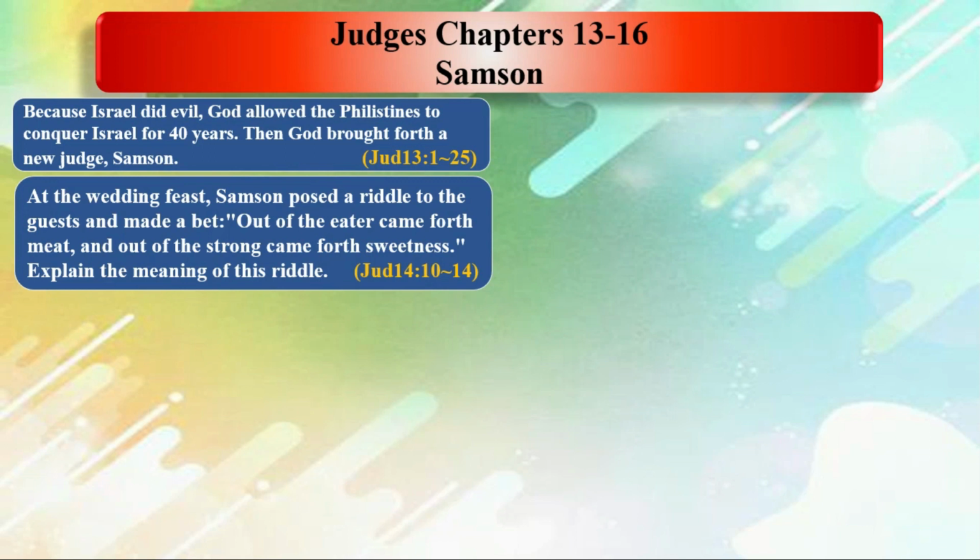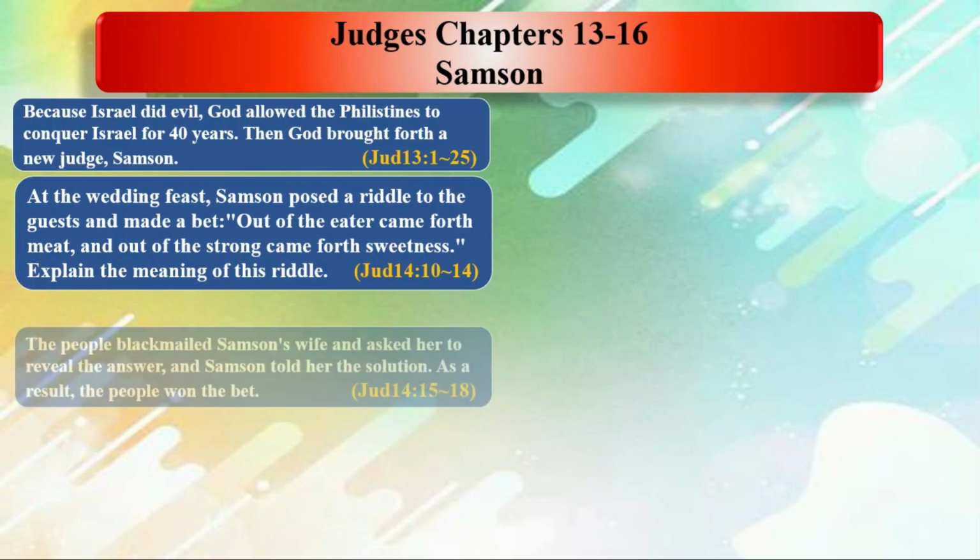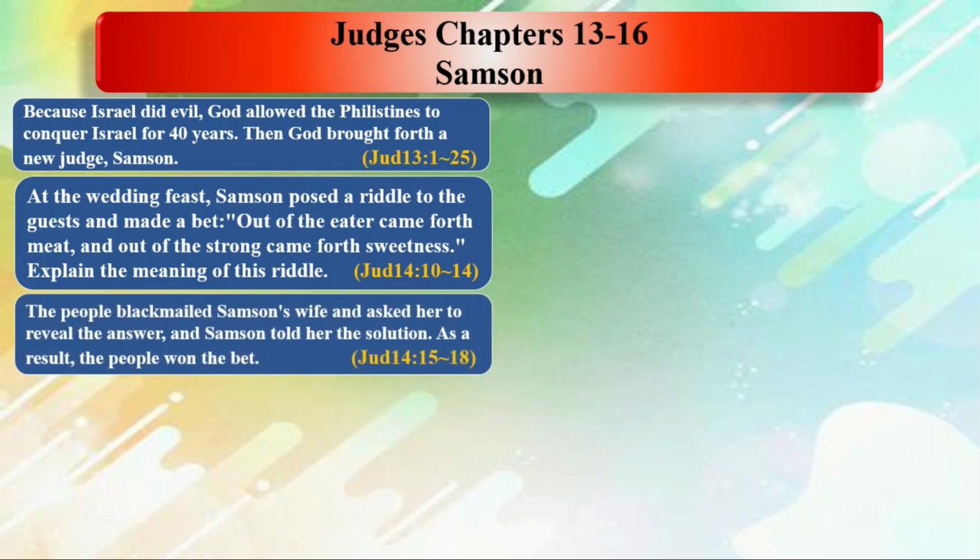Out of the eater came forth meat, and out of the strong came forth sweetness. Explain the meaning of this riddle. The people blackmailed Samson's wife and asked her to reveal the answer, and Samson told her the solution. As a result, the people won the bet.